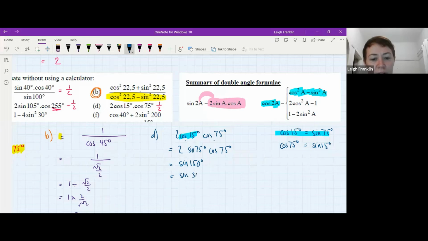Using your grade 11 reduction formulae, the sine of 150 is the same as the sine of 30, because it's 180 minus 30, and that's equal to 1 over 2. So that's where that one comes from.